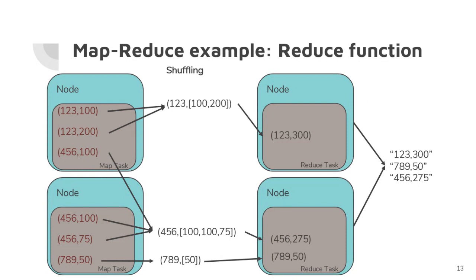So here, for account 456 we have 3 values, and the first value 100 is actually transferred from another node. That's called shuffling, and that's necessary because we don't know beforehand that all data with the same key is on a single node. We cannot guarantee that, so it has to be communicated.